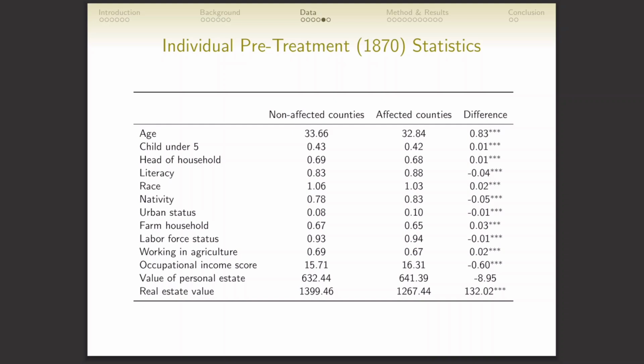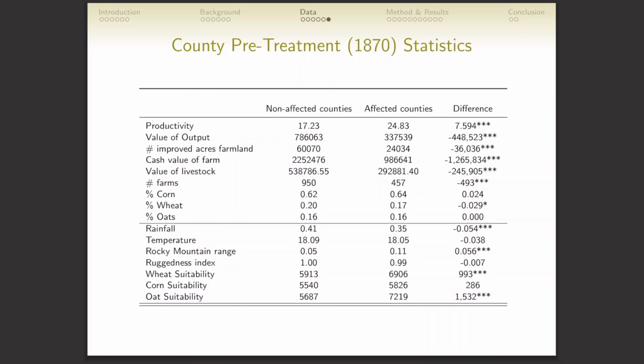Now, if you actually look at the characteristics that we essentially took from the agricultural census, which is going to be our second data set we used, these are all the variables that are there. And then we constructed variables in terms of the climate. There's also wind here that we don't put here. We put whether it was within the Rocky Mountain range, ruggedness, and the suitability indices from the FAO GAEZ, as problematic as they are.